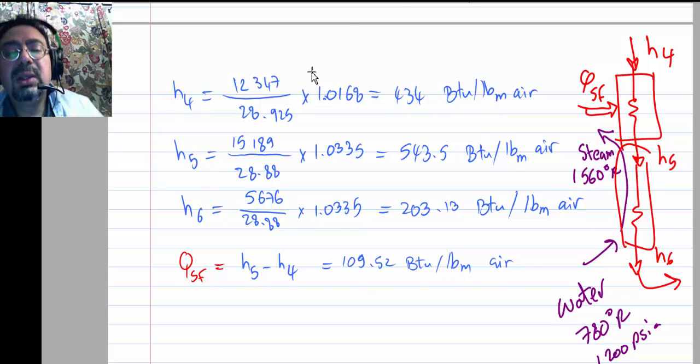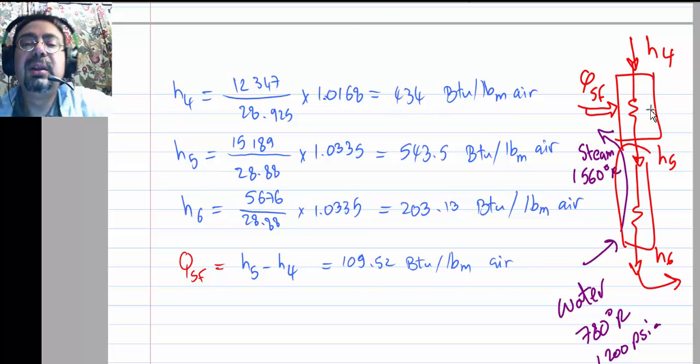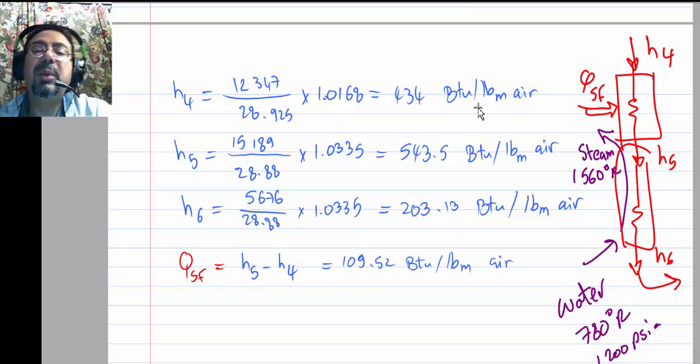All this was done so that he can convert to BTU per pound mass air, right? So first he multiplied by the product to air ratio. Actually, let's do it this way first. First, let's divide over the molecular weight so that it becomes BTU per pound mass of product, right?